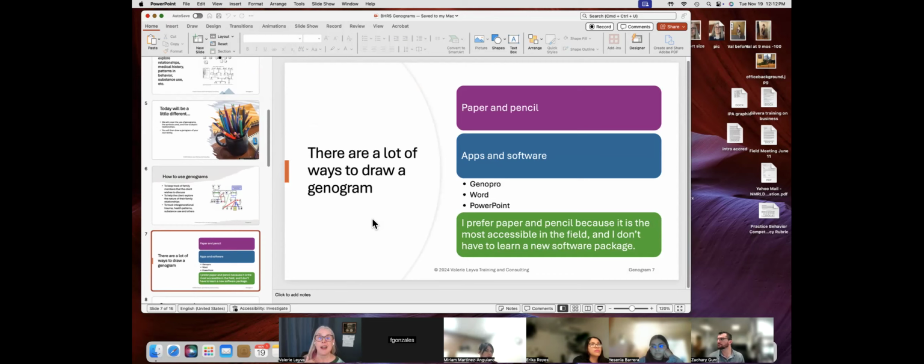But there are a lot of apps and software out there that you can use to draw genograms if you really function better in that milieu. So GenoPro is the most famous one. You could also use Word or PowerPoint to draw a genogram. I usually would draw them in PowerPoint when I needed to.